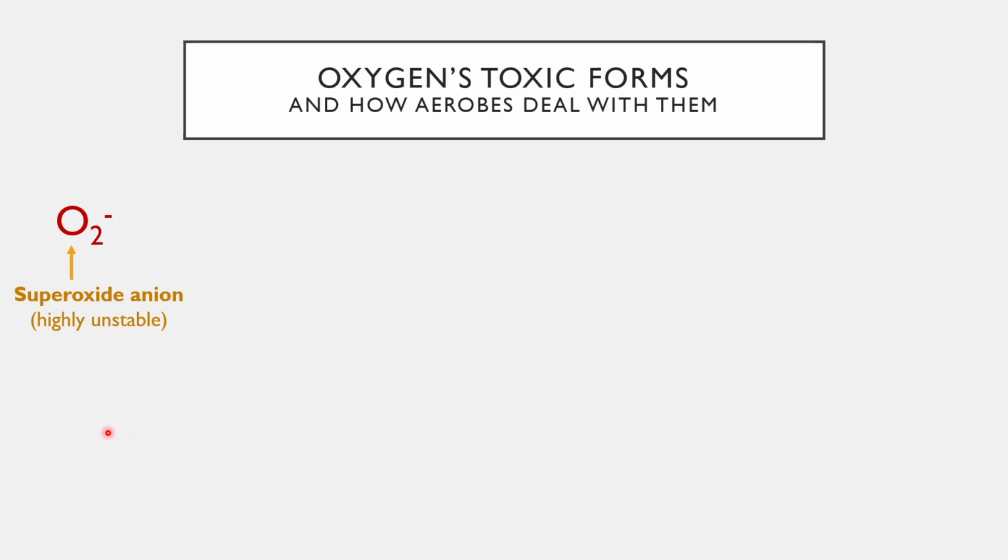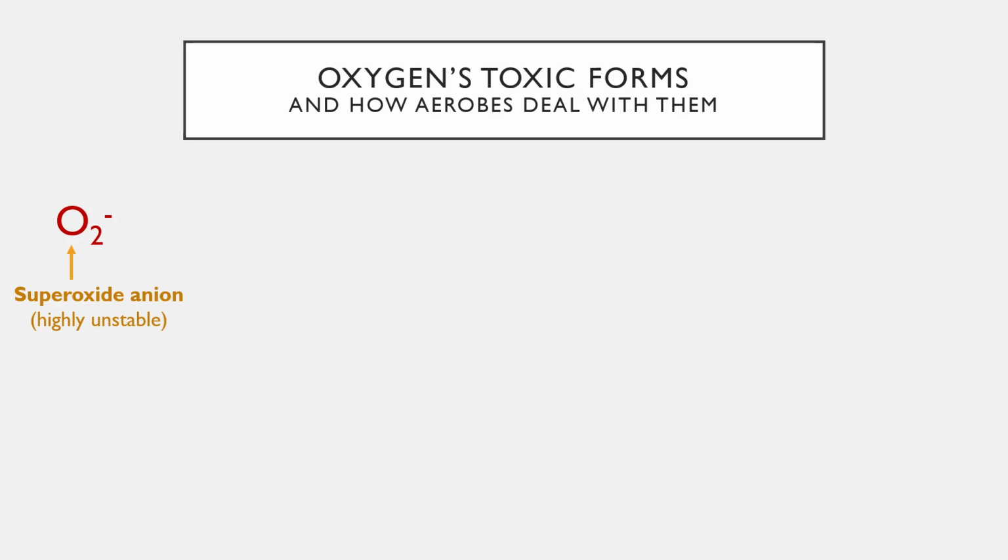What this negative charge indicates is that there are additional highly unstable and highly reactive electrons present on this oxygen molecule. These unstable electrons can cause it to react with and harm various biochemical mechanisms in the cell. And so organisms need to have a way to get rid of superoxide anions, which again are produced naturally and inevitably through a normal part of the organism's metabolism.